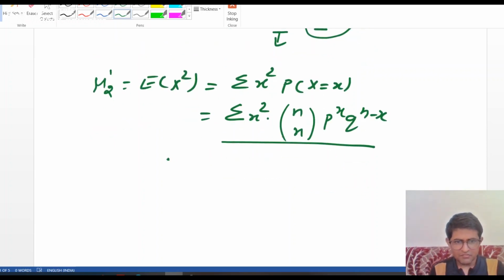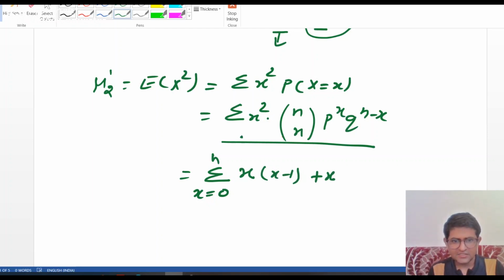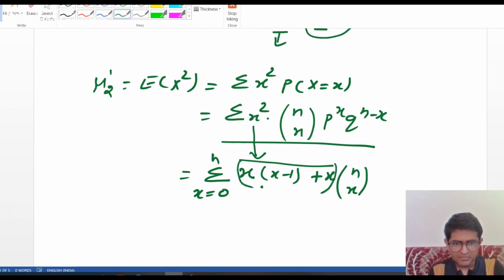Now, for x equal to 0 to n, we can write x square in the form of x into x minus 1 plus x.